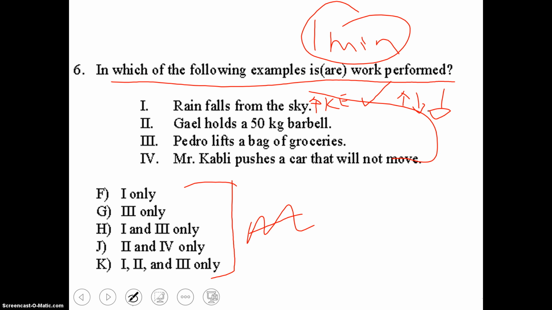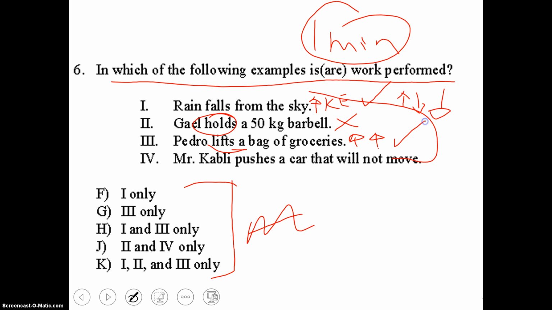Okay, Gael holds a 50-kilogram barbell. He's just holding it. So work is not being performed. There's no work because there's no motion. Pedro lifts a bag of groceries. So if he's lifting it up, he's applying an upward force, and the direction of motion is up. So up and up, those are in the same axis of motion.